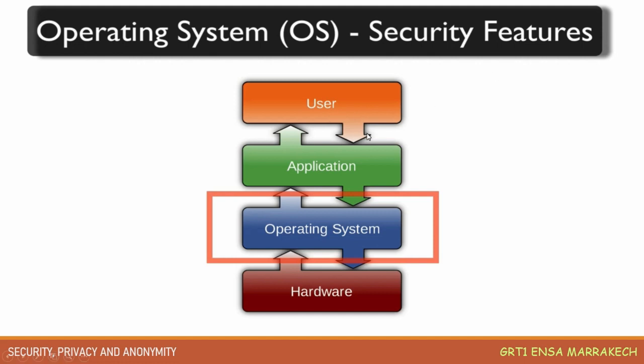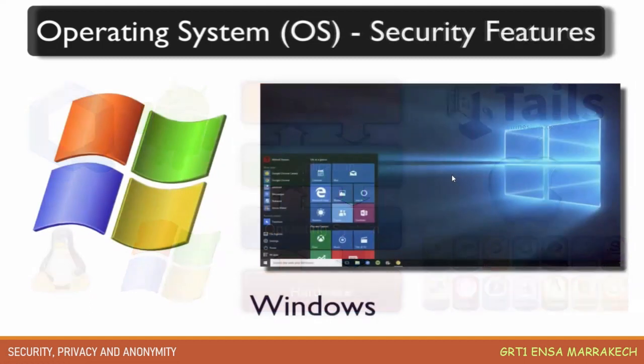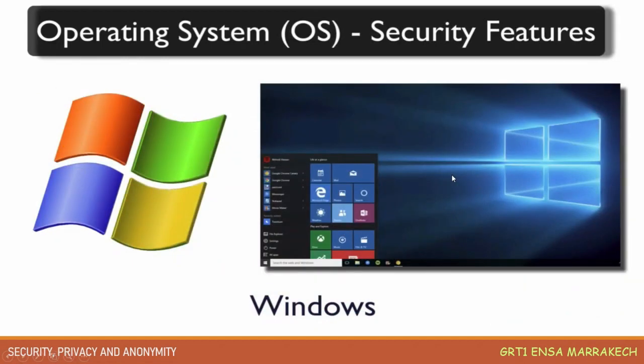Now, our concern is this one, the operating system. We have a lot of them, as you can see here. Some for smartphones, others for laptops, servers, smartwatches, TVs, etc. Windows is one of the most used operating systems in the world in personal PCs.